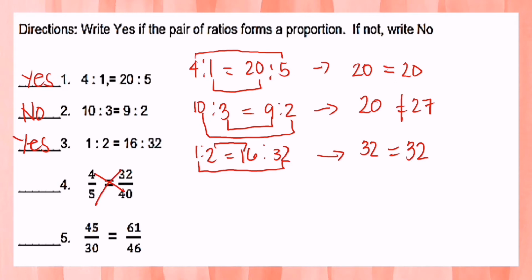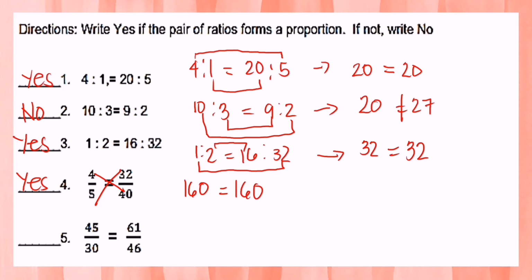So 4 times 40 is equal to 160. Then 32 times 5 is also equal to 160. Since equal ito, ibig sabihin, 4 is to 5 and 32 is to 40 is a proportion. So, yes.